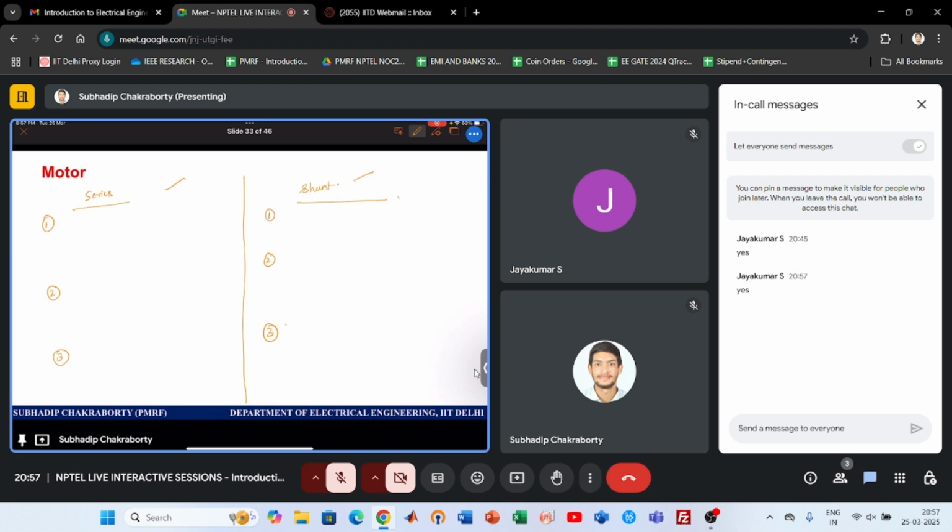Okay. Then for the DC series motor, let us see what you know. For a DC series motor, your back EMF. So for a motor you have applied constant voltage, right? The motor also has the armature with a small armature resistance, but the voltage applied is constant.